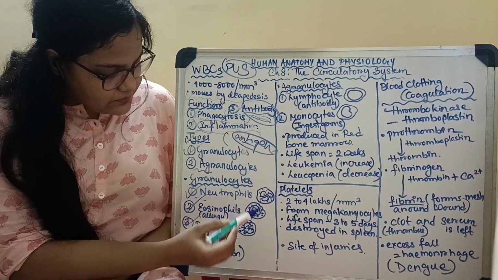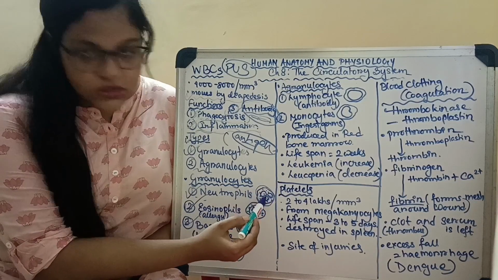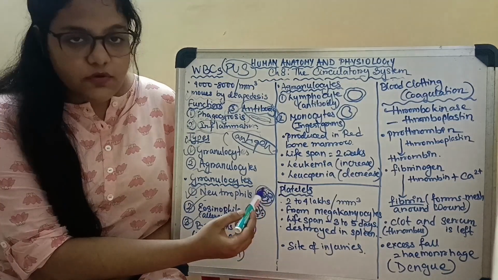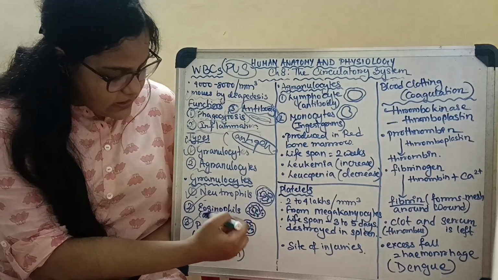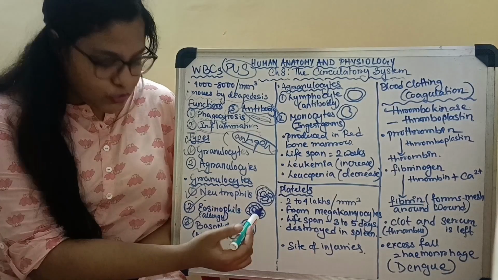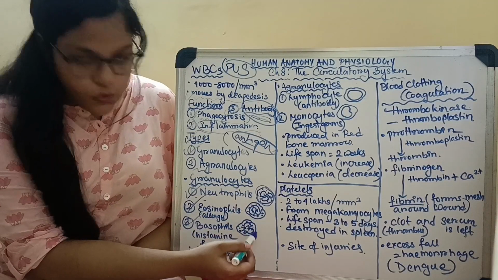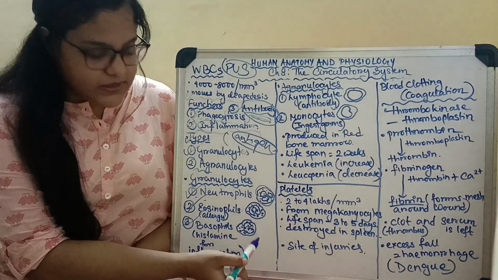Now neutrophil has a three-lobed nucleus, right? And obviously the granules. Eosinophil has a bilobed nucleus, that is two lobes, and basophil contains an irregular number of lobes in its nucleus, right?